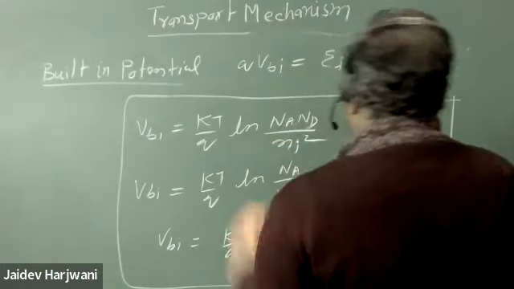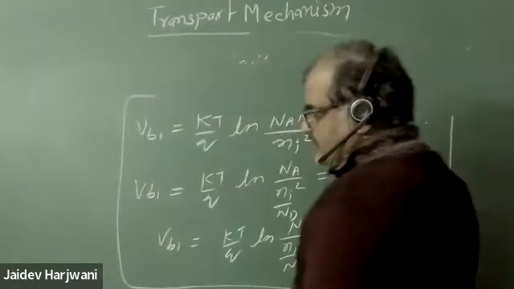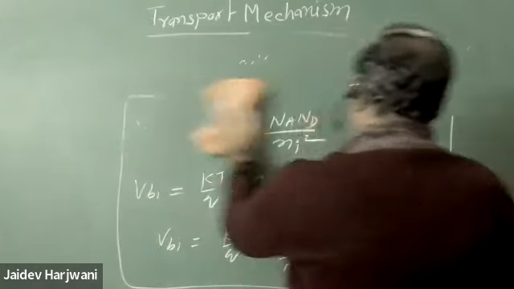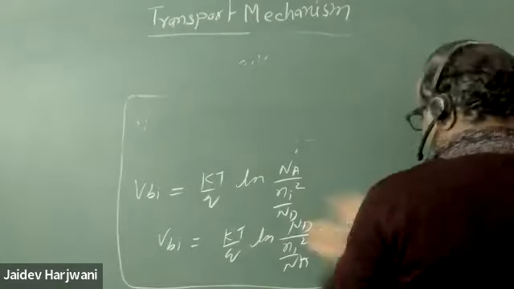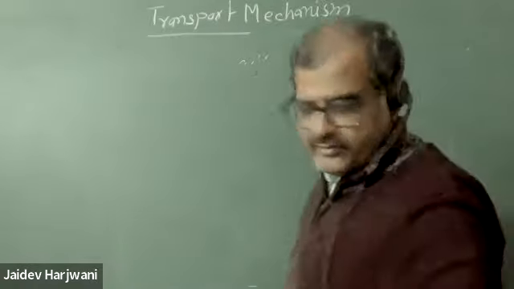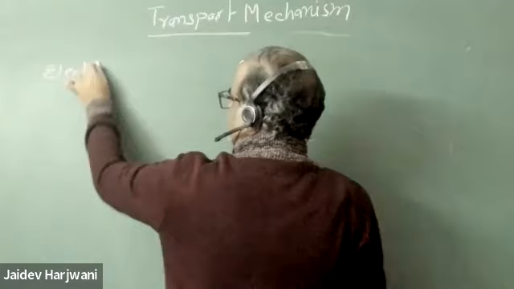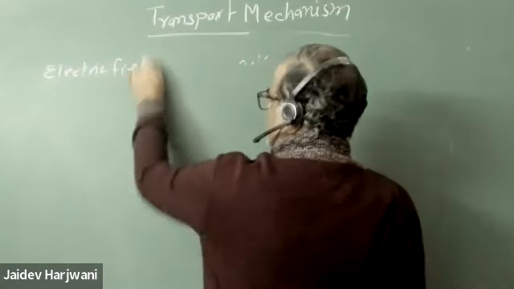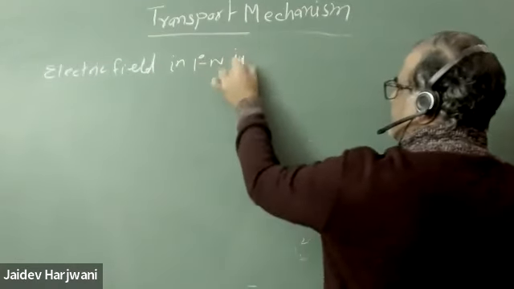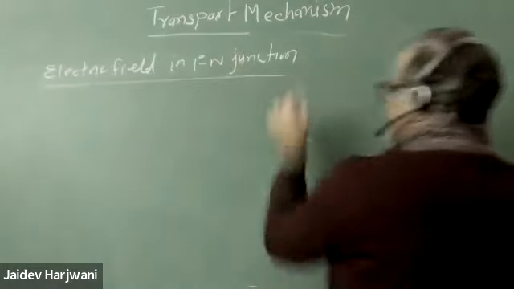So put the heading: electric field in the PN junction. The junction we are considering is called the abrupt PN junction.